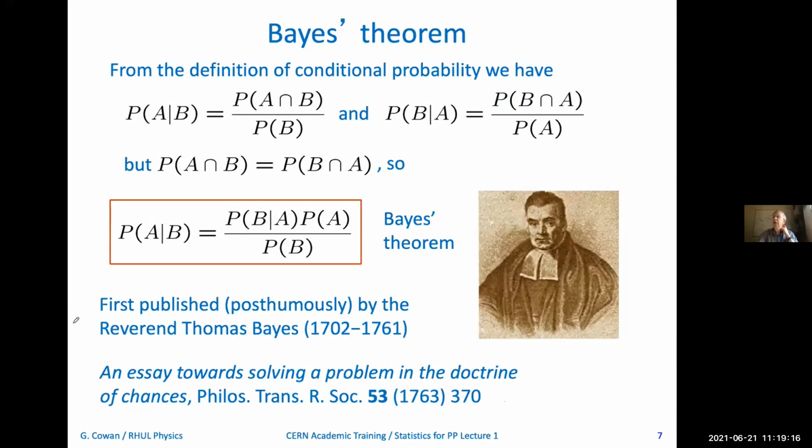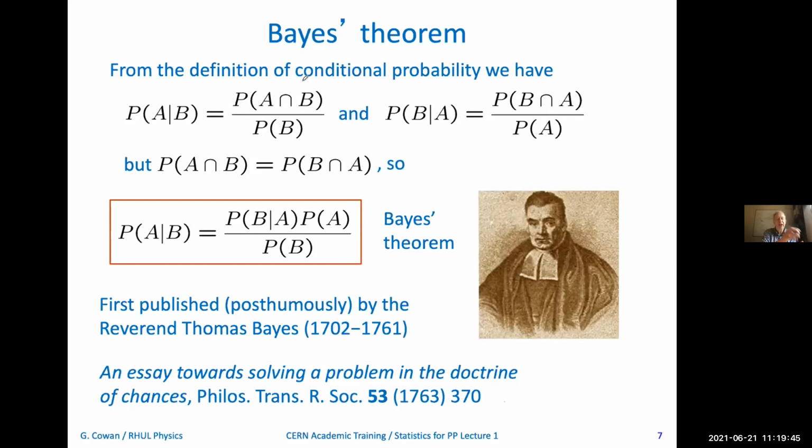Now, regardless of how you interpret a probability, it has to obey an important theorem due to the Reverend Thomas Bayes, shown here. This is a very simple theorem to derive, and so I thought we should just derive it. If you go back to the definition of conditional probability, we said that P of A given B is the probability of A intersect B. You can think of intersection as the AND operation, okay?